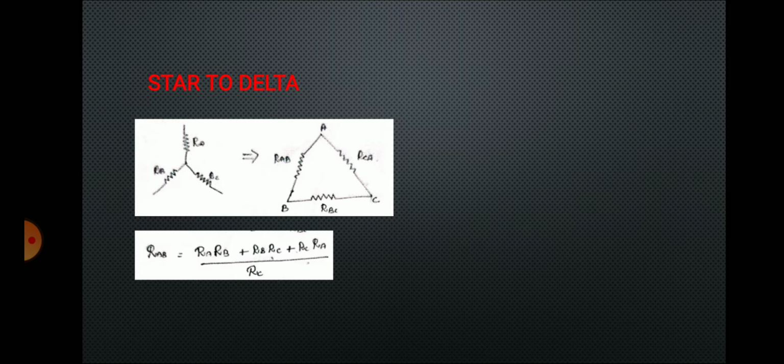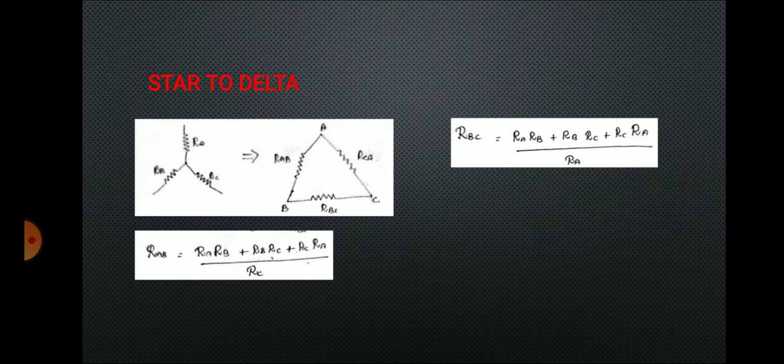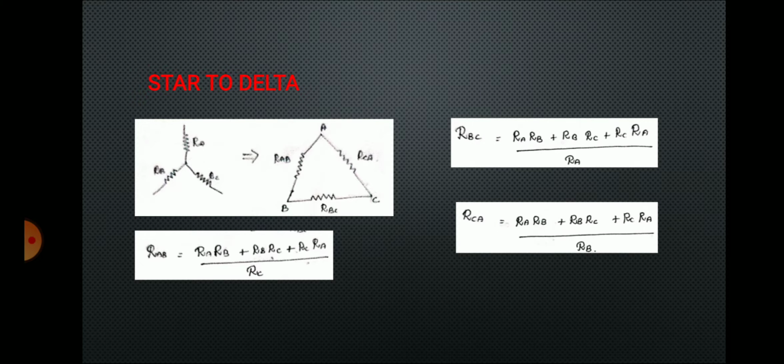This is the formula for star to delta conversion. In star, the resistance values are RA, RB, RC. In delta connection, the resistance values are RAB, RBC and RCA. The formula for RAB is equal to RA RB plus RB RC plus RC RA, divided by RC. Similarly, we get the formula for RBC and RCA.